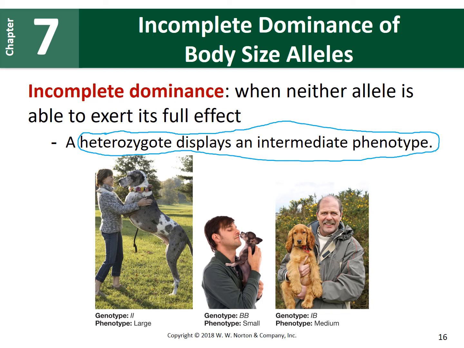And these, the big I and the big B genotypes, are both homozygous genotypes because both of those alleles or letters are the same. If we have a heterozygous, a big I, big B genotype, that dog's going to show an intermediate phenotype, so it'll grow up to be medium size. So this is kind of a blending of your two extremes in that heterozygous.